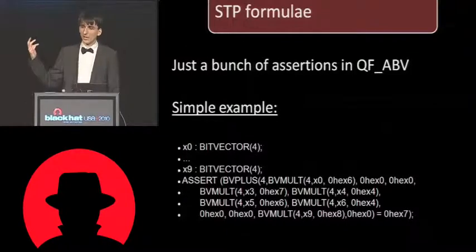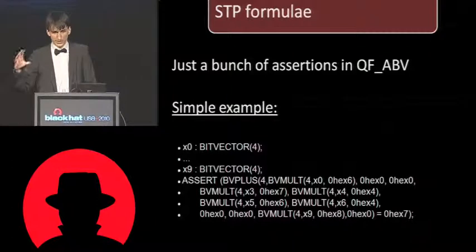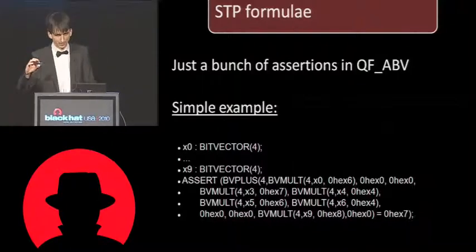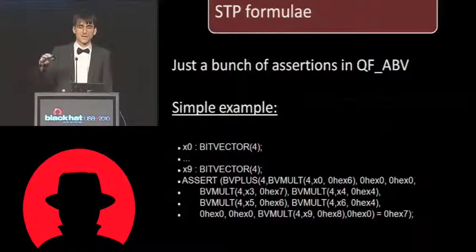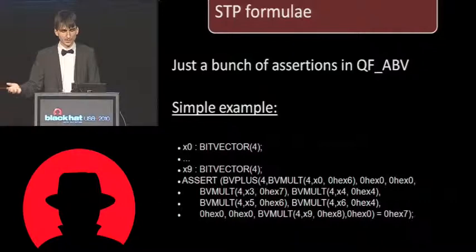An STP formula is just a bunch of assertions in this theory, which is called the quantifier-free theory of arrays and bit vectors. There are a number of theories that you can build these solvers for, and this is one of them. There are yearly competitions for these.